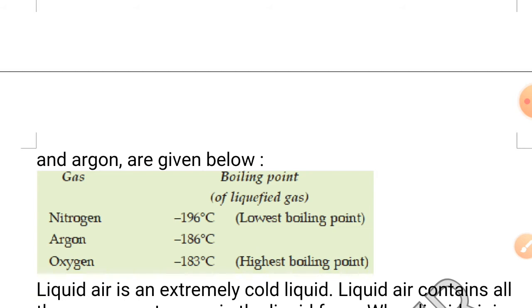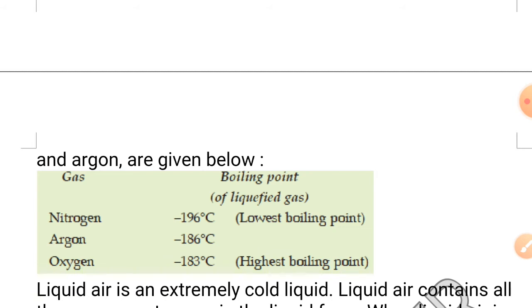That of argon and oxygen can be seen as well. In the process of separating the constituents of air, firstly the air is compressed and cooled to slightly below 0 degrees Celsius, so water separates as ice at this time. Then the air is further compressed and cooled to minus 78.5 degrees Celsius. At that time, carbon dioxide separates as dry ice.